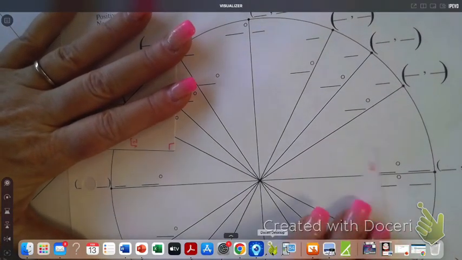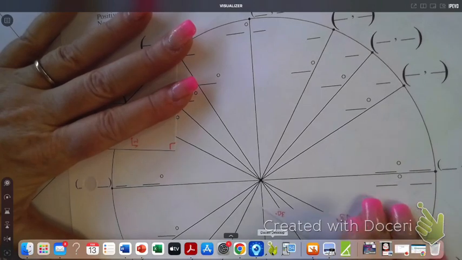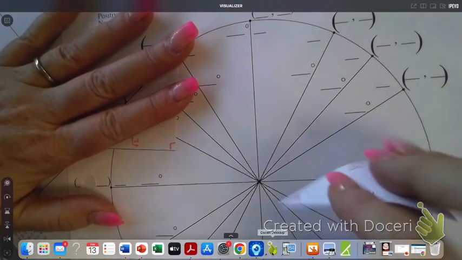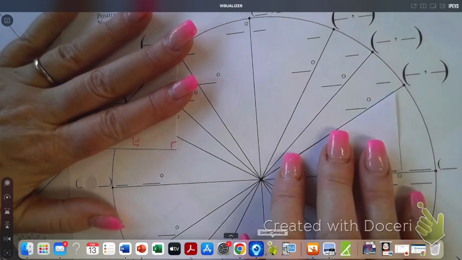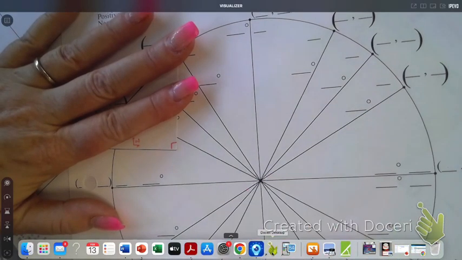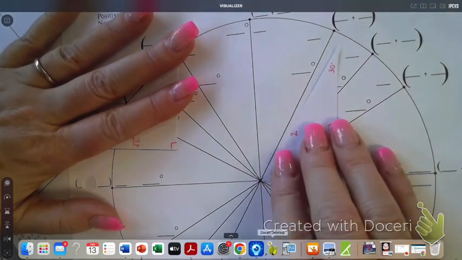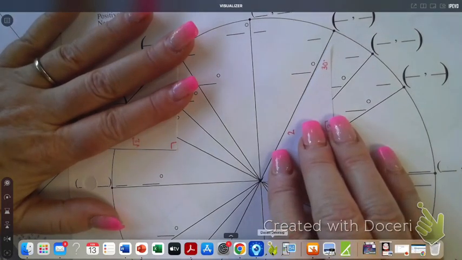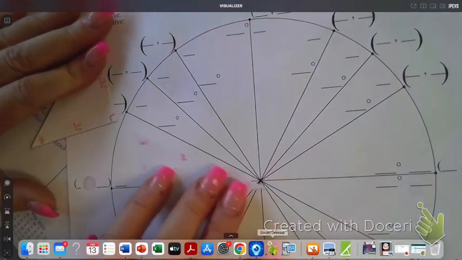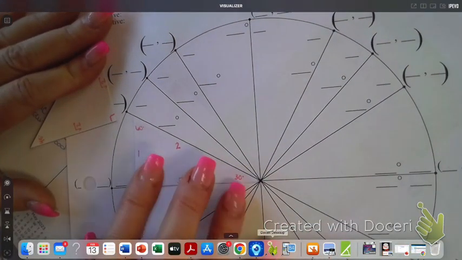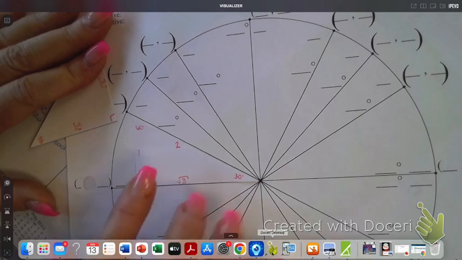So if I put my triangle, I might have to turn it over. If I put my 30 degrees here, does it fit in here? Yes. If I put my 60 degrees, does it fit in here? Yes. What about if I bring my 30 degrees over here? Does it fit in here? Yes. Getting that reference angle, right?